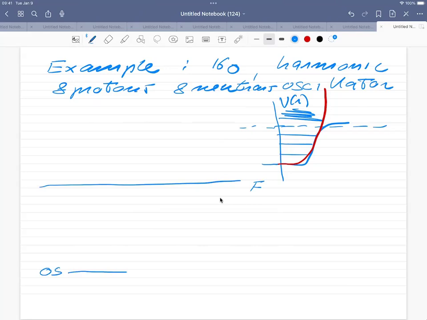This is a single particle state of the harmonic oscillator. And if we now put protons here, we can have 2 protons in this state. And then we have the next shell, which is called 0p. Here we can have 6 protons, which we can fill in.